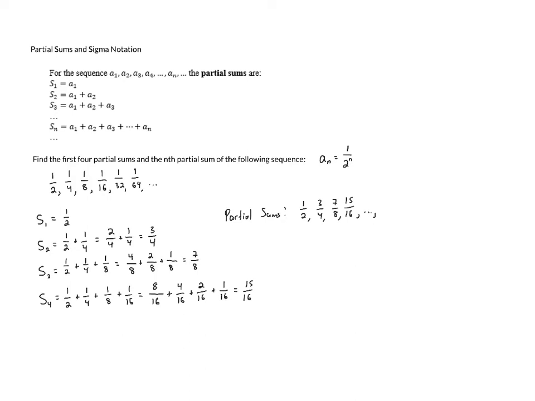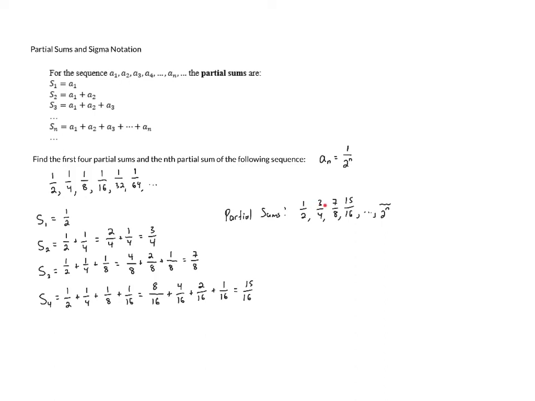And the key is going to come from the denominators. If you look at the denominators, 2, 4, 8, and 16, these are powers of 2. And so the nth partial sum will have a denominator that is 2 to the nth power. Notice we've got 2 to the first, 2 to the second, 2 to the third, 2 to the fourth, and eventually 2 to the nth.